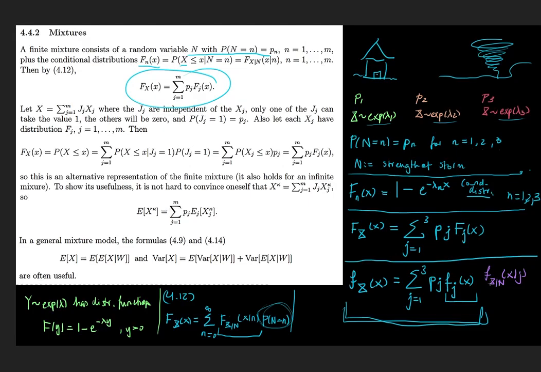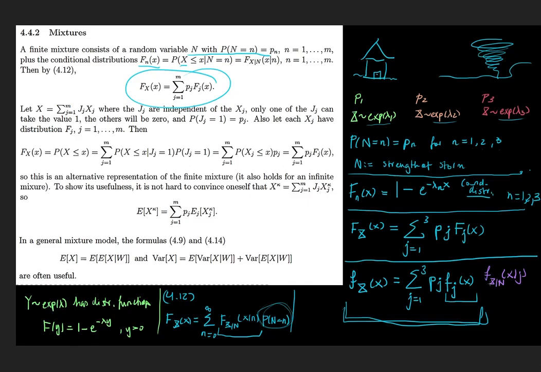It's the case where something happens, and depending on what happens in the beginning, the loss or something else will have distributions that vary. So in our case, a storm hits, and depending on the strength of the storm, the damage done to the house will follow different distributions.